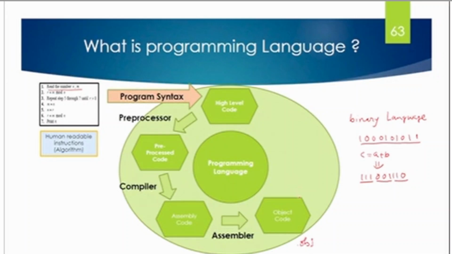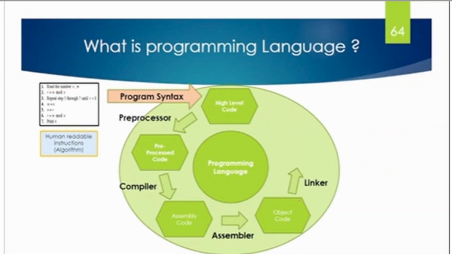Now what happens, this object code is taken care of by another program called the linker. What does the linker do? In a program we may have different small subprograms, and these subprograms are connected to each other.